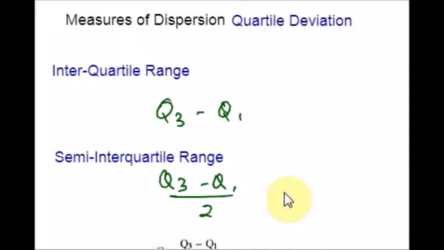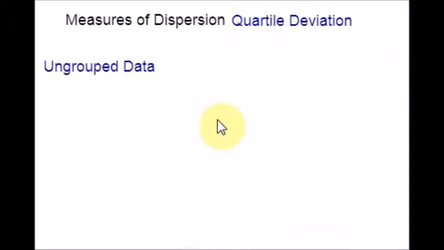Now let us discuss computation of the quartile deviation. Same as range, we are going to see examples for ungrouped data as well as grouped data. In order to calculate the quartile deviation, we are required to calculate Q3 and Q1 first, because these are the things we need to put into the formula. Q1 and Q3 are calculated in the same manner as we were computing the median.